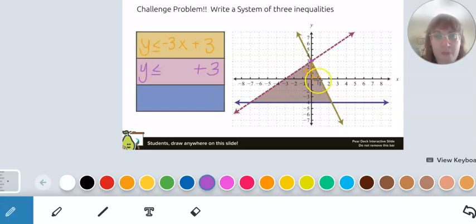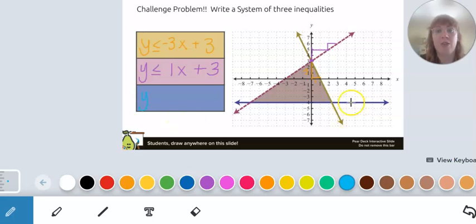But our slope here looks like up 2 over 2 or up 1 over 1, which is a slope of 1x plus 3. Perfect.